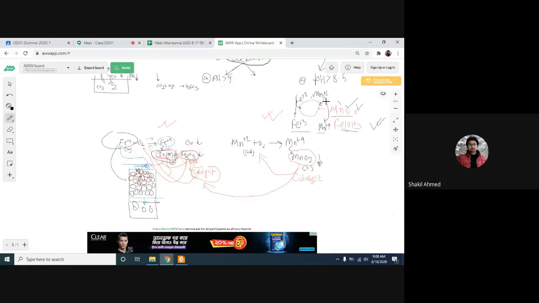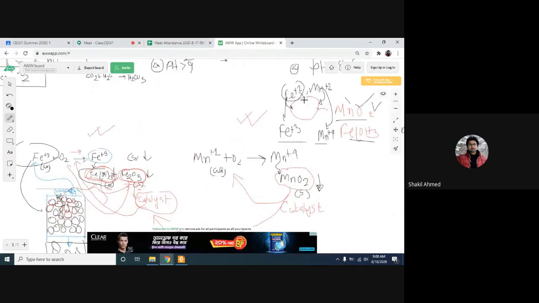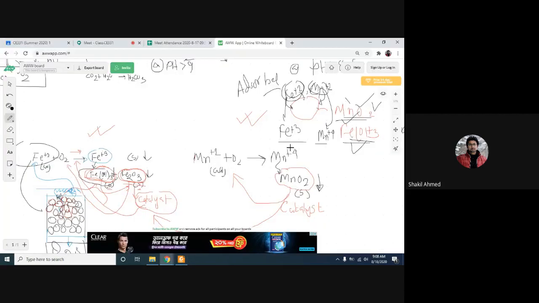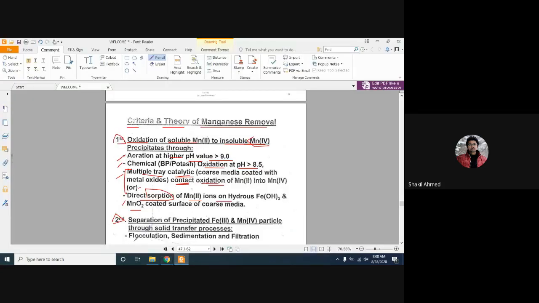As I told you, they can be adsorbed onto these surfaces of manganese oxide and ferric oxide, hydroxide, these things. Okay. And the second process is, once you have converted them to solid form, then you can remove them by flocculation, sedimentation, and filtration. Clear?